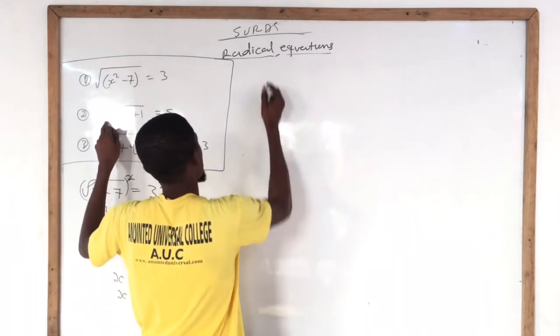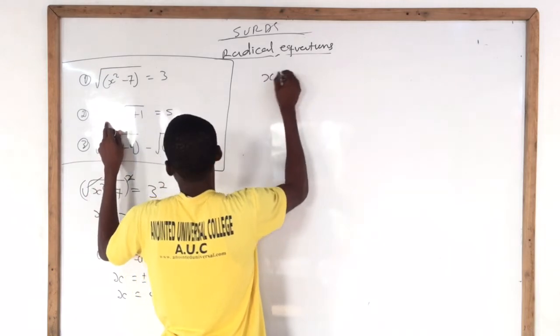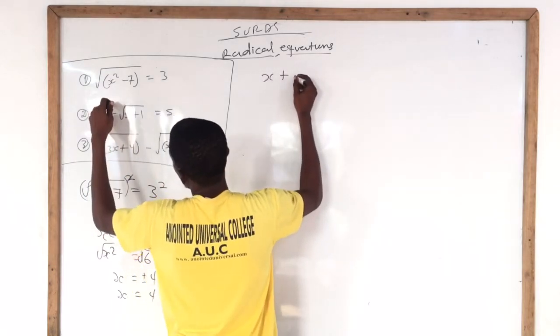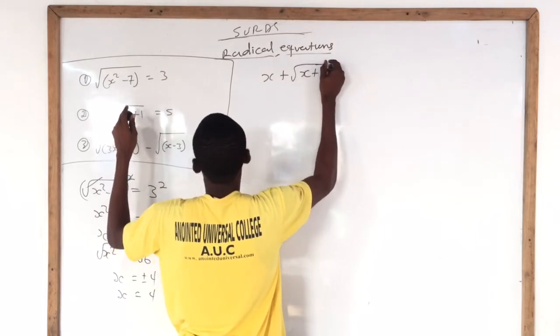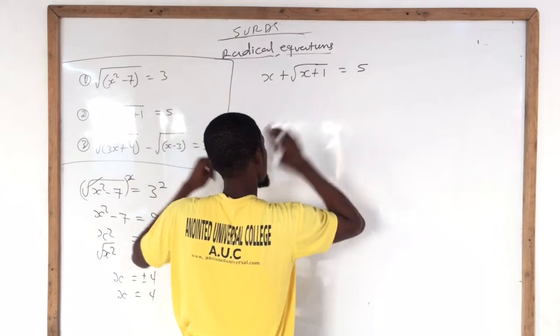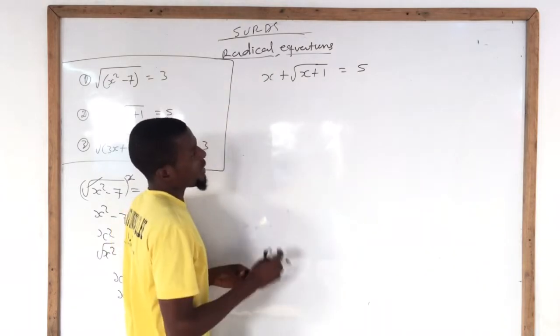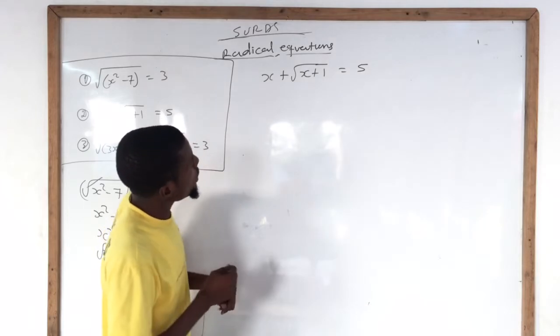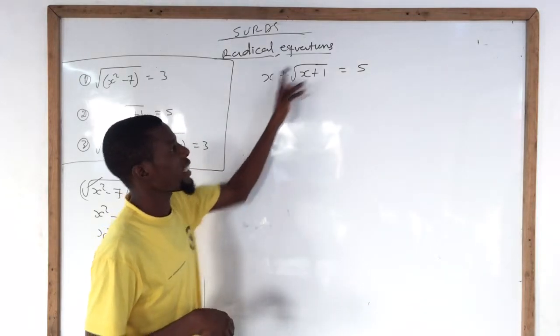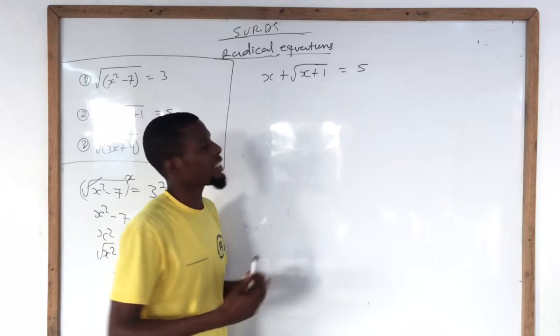Now, let's look at the second question, which is x plus root of x plus 1 equals 5. If I have a question like this, the best thing to do is to move the x to this side so that when you square both sides, it becomes simple.